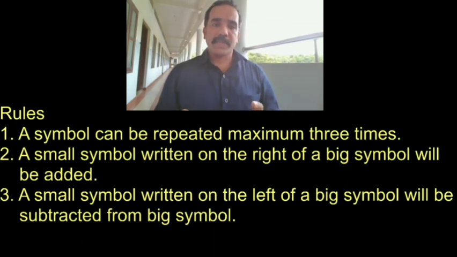And second rule: a small symbol written on the right side of a big symbol will be added while forming the number. If a small symbol is written on the left of a big symbol, it will be subtracted from the big symbol.